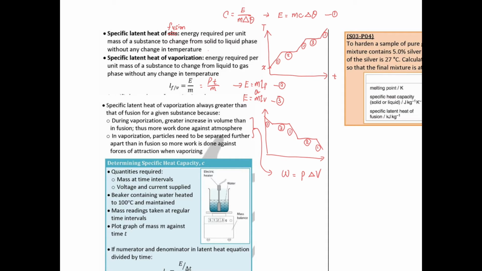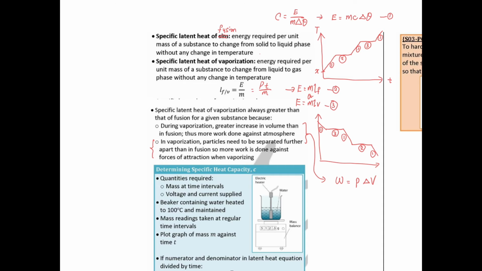This is the internal energy, to overcome the internal energy, and the internal energy increases, in other words. And this is the work done, this is the internal energy. So two different aspects. Now let's move on.